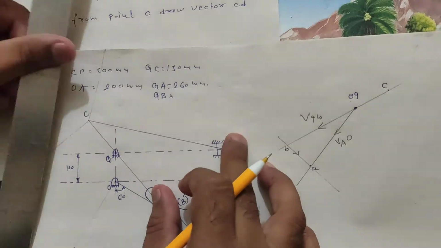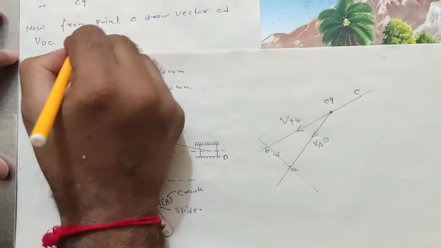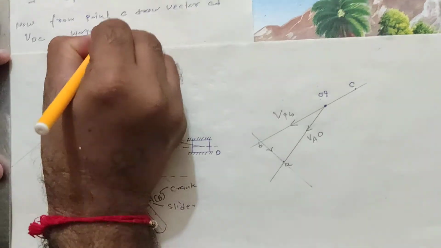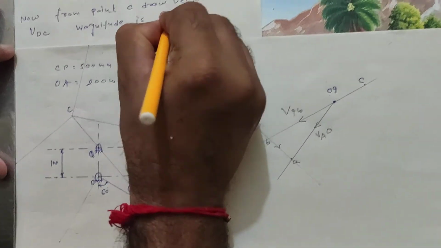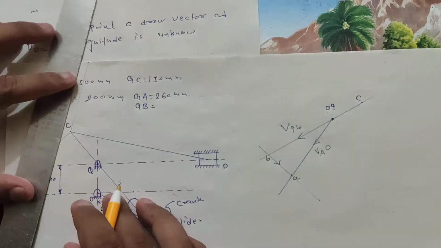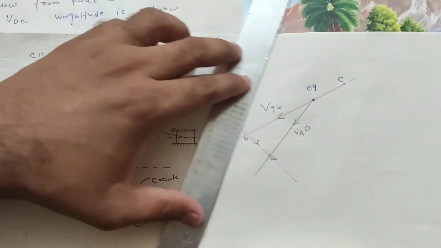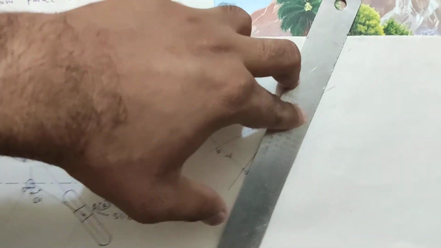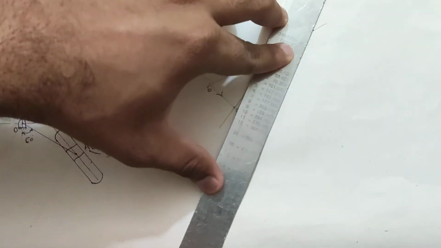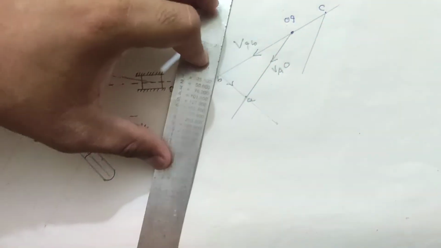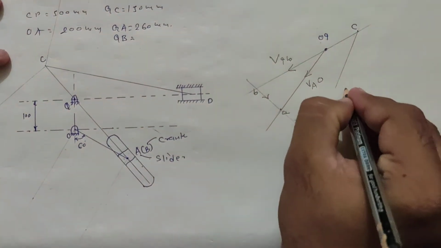So how can we draw it, and that magnitude is unknown. Okay, so this is the CD, perpendicular to this one, so we have to extend like this. From this point we have to draw one line, and that magnitude is unknown. Clear? So it may be anywhere.